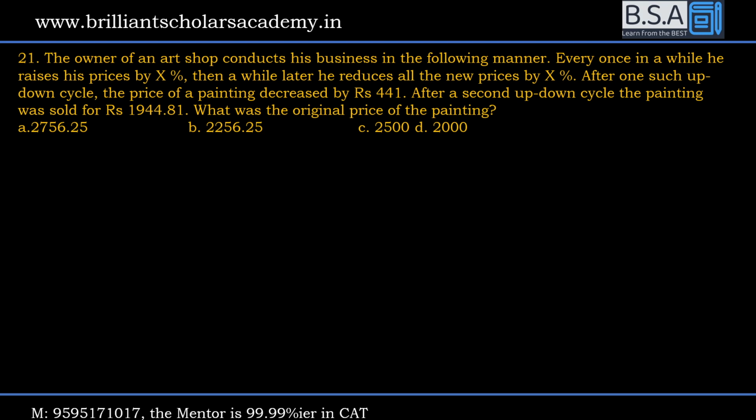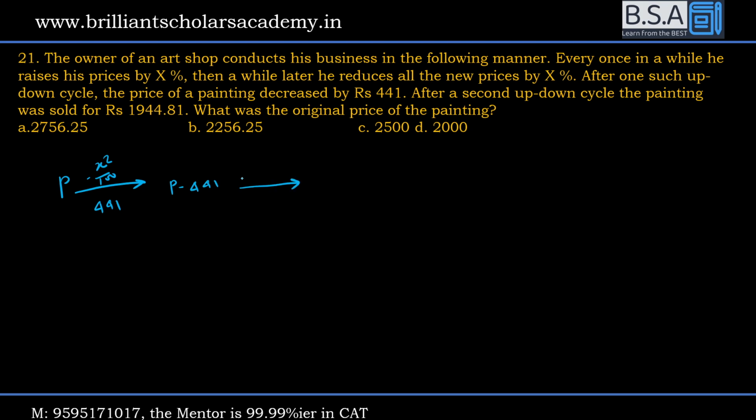There was a price P, there was a percentage increase X, percentage decrease X. There is X square upon 100 percentage decline, which is rupees 441. The new price is P minus 441.